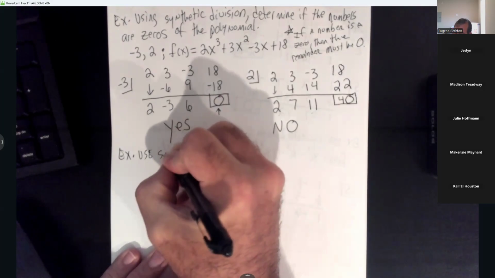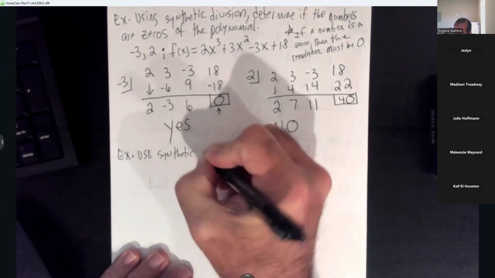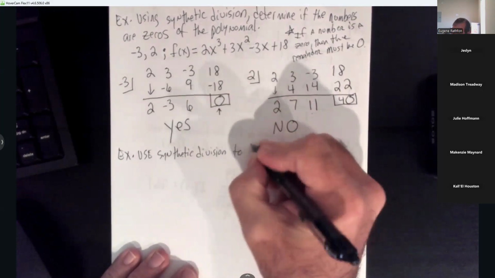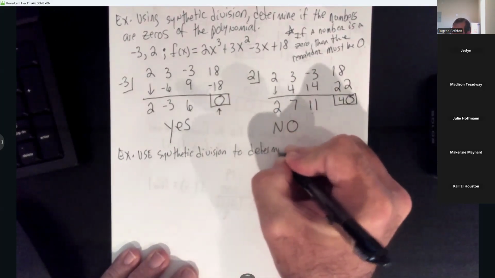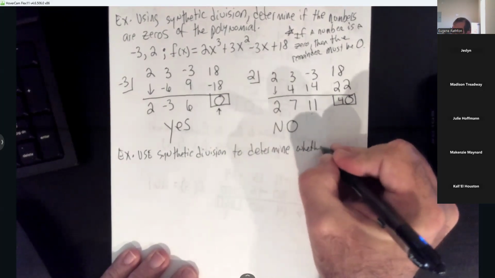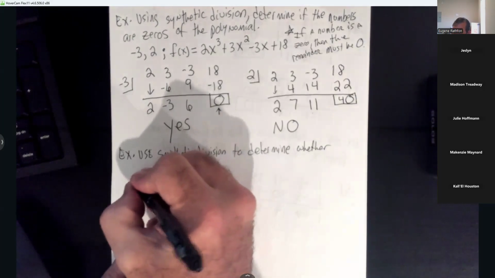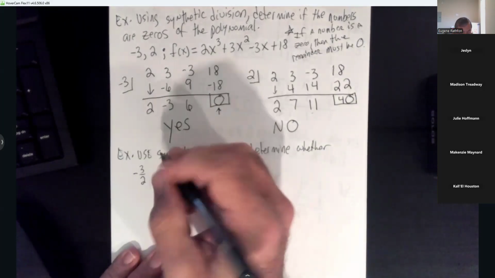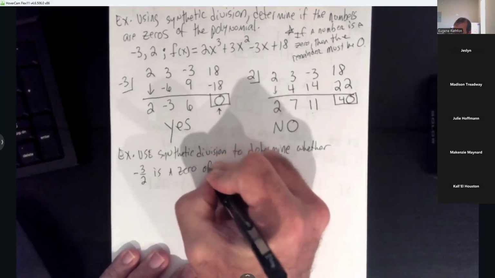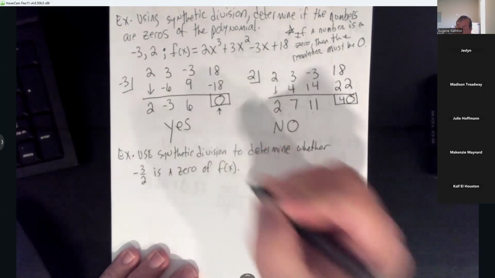So use synthetic division to determine whether a negative 3/2 is a zero of f of x.